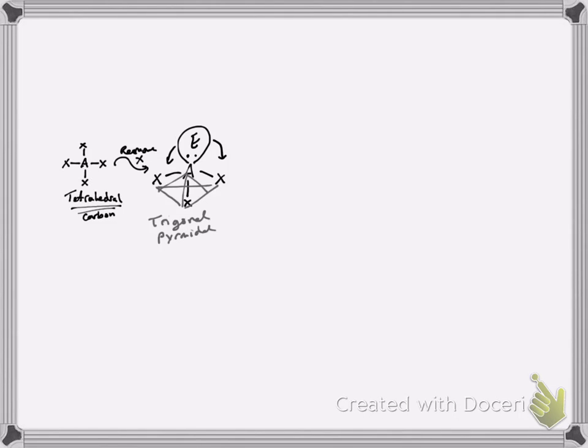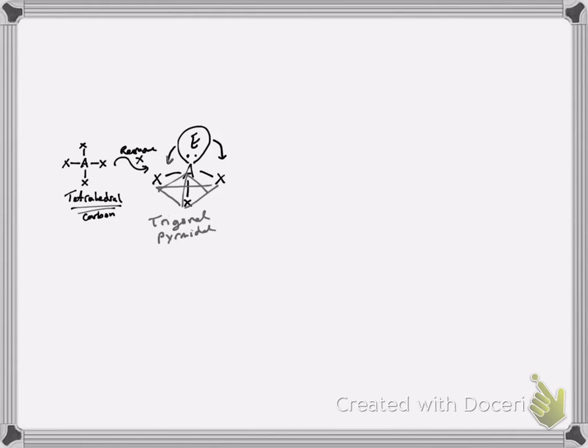So we have trigonal pyramidal because A is higher above the X's that are below it because of this electron domain repel. It pushes those atoms down, forcing a pyramid shape.